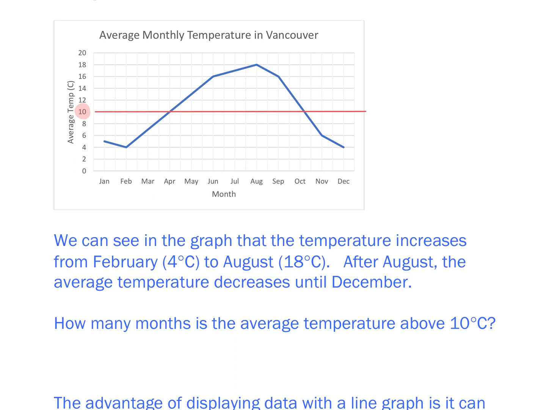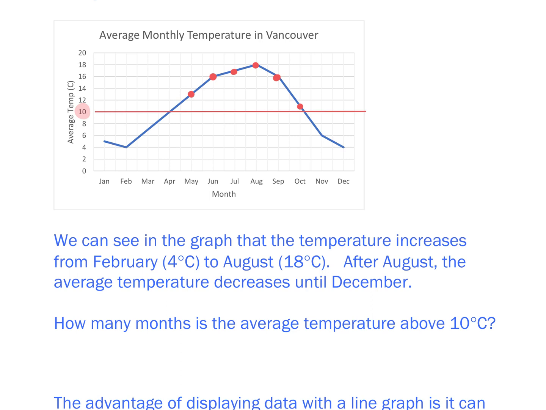So for example, April is right on the line, so that won't work. We have May, June, July, August, September, and October's just above it.